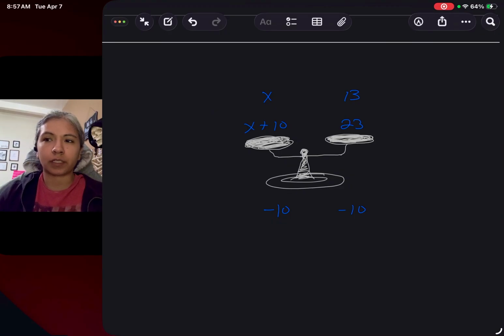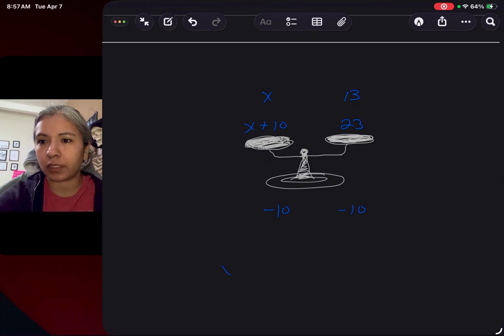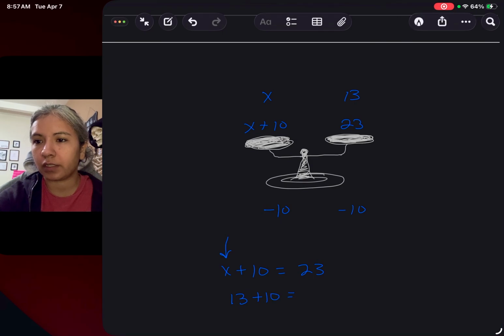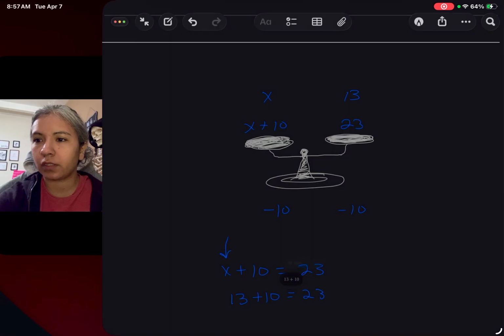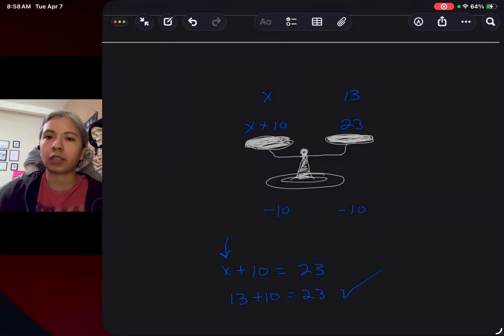And since we have x by itself, that's what it's equal to, and we want to check our answer, right? So we have x plus 10 equals 23. So we're going to plug that 13 in here. So we're going to do 13 plus 10 equals 23, which is true.